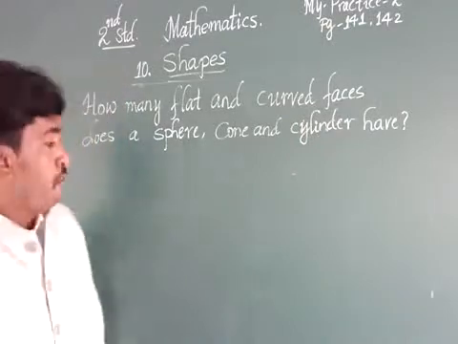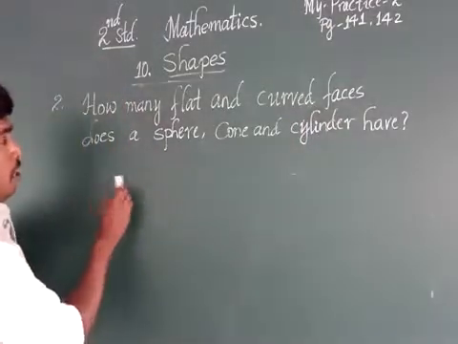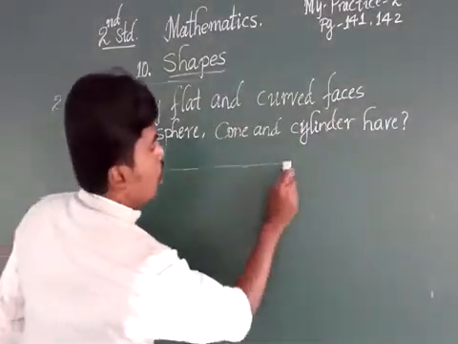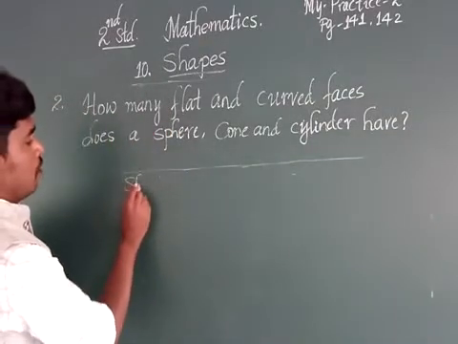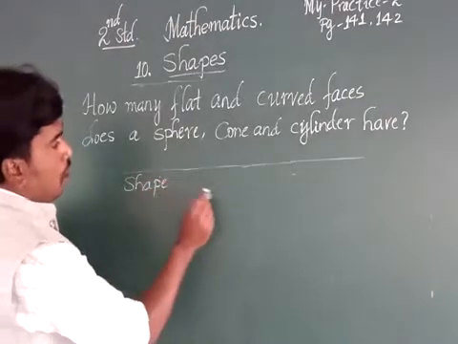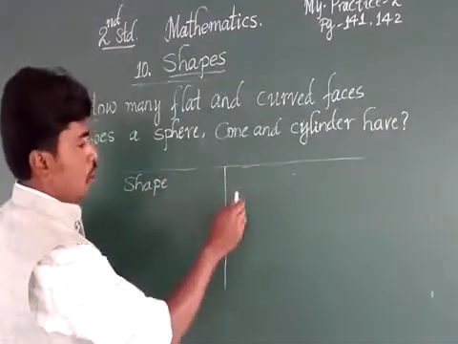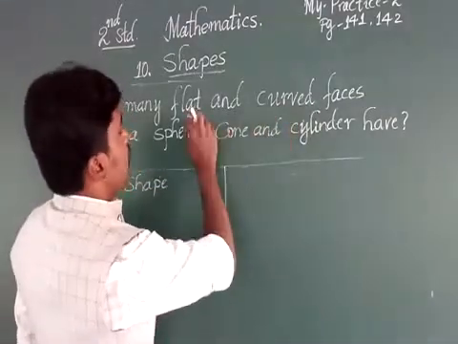Dear children, first you should write the tabular column. Okay, so here in the first column the shape, in the next column you write flat face.